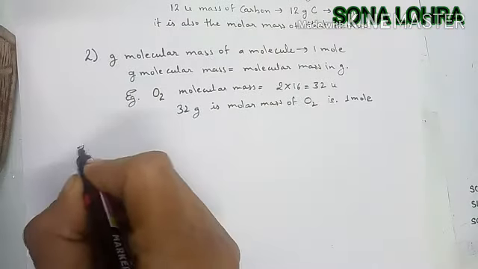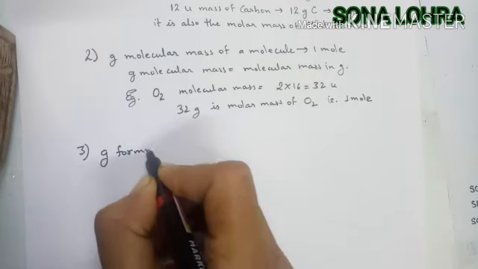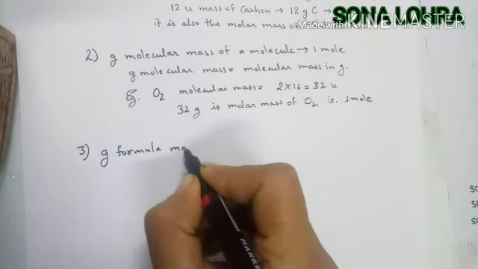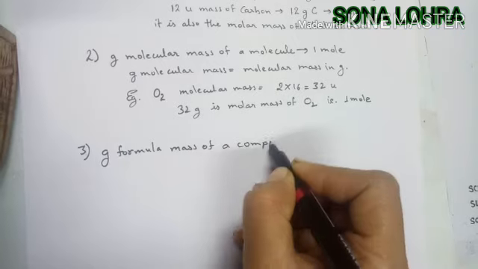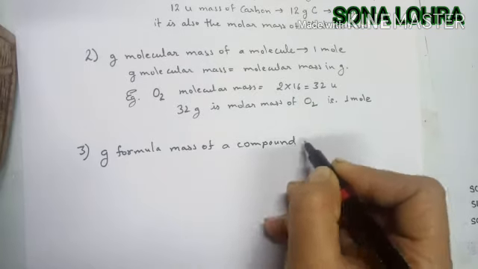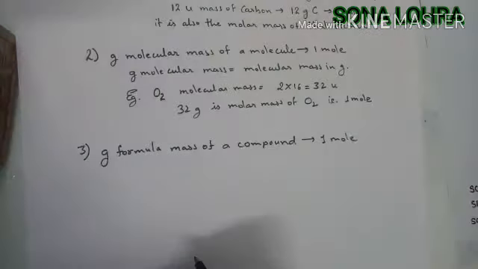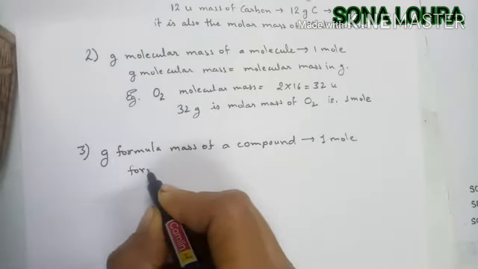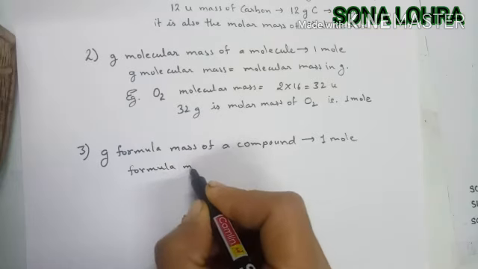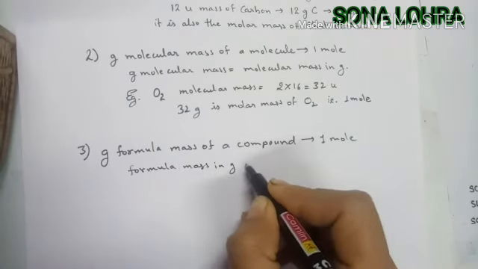The third point regarding this is the gram formula mass of a compound is also equal to 1 mole for that compound, which means the mass of a compound taken in grams is equal to the molar mass of that compound.